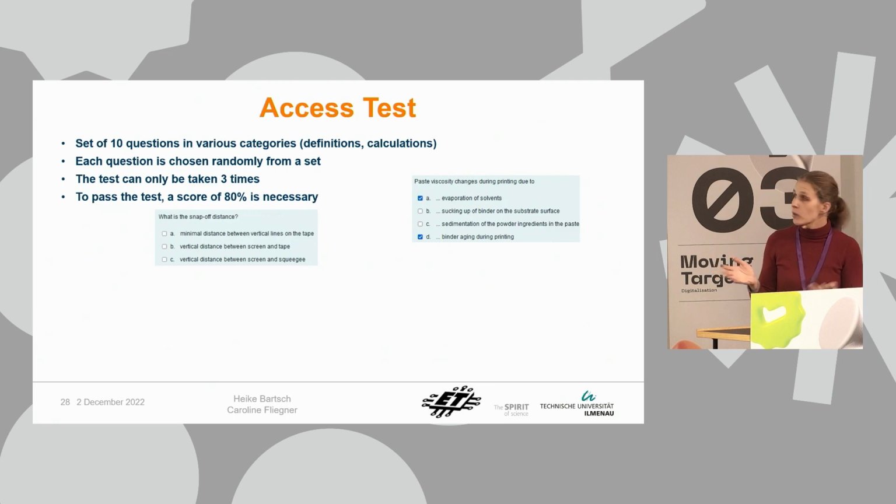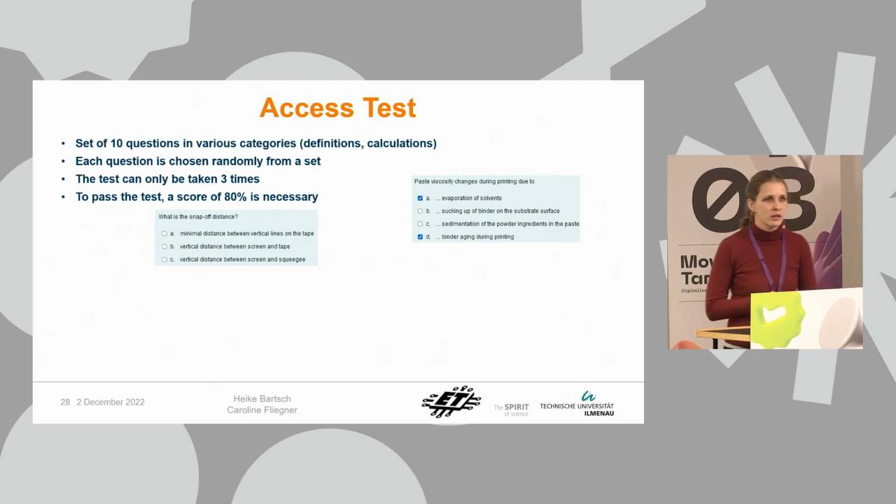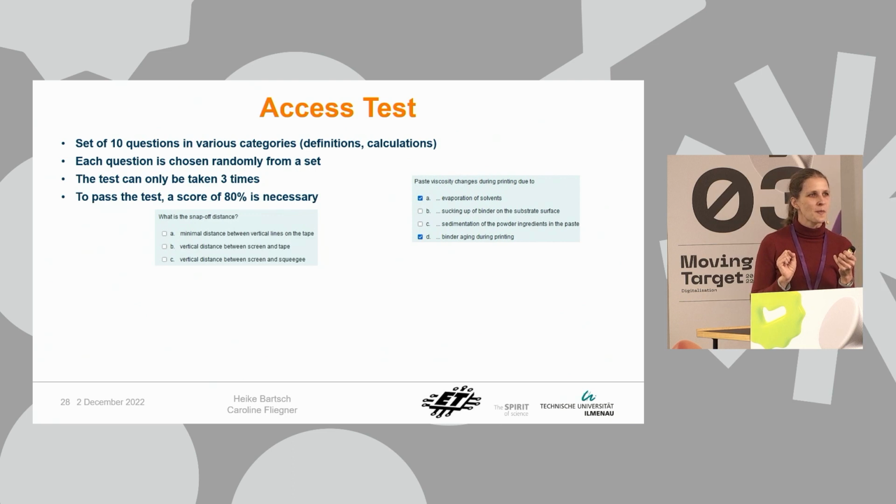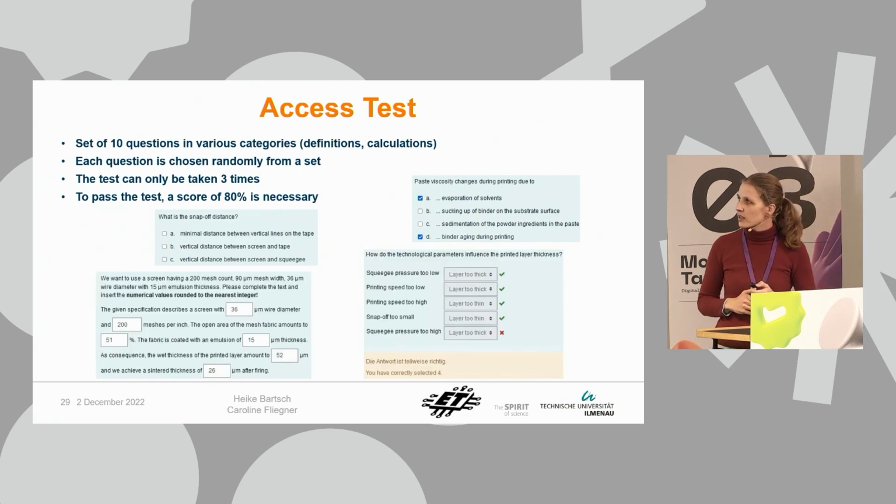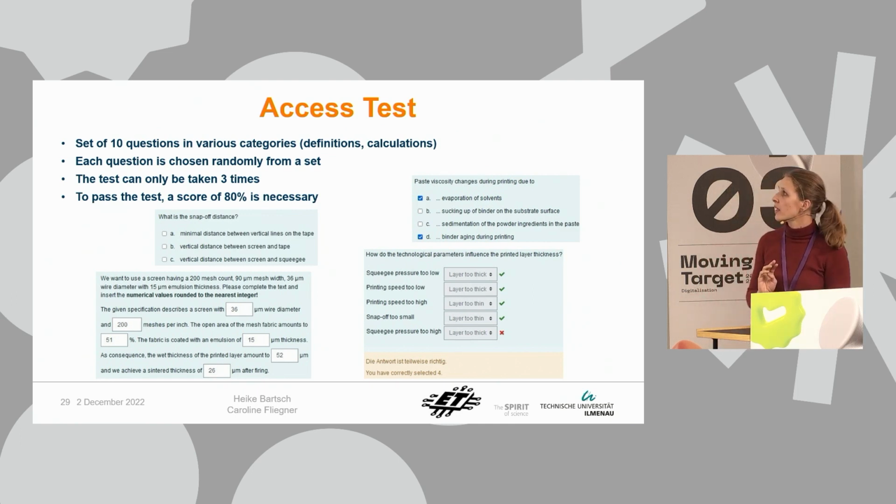There are simple questions like definitions, and what are simple connections. And there are more elaborate questions where you should calculate something or think of one subject from different angles.